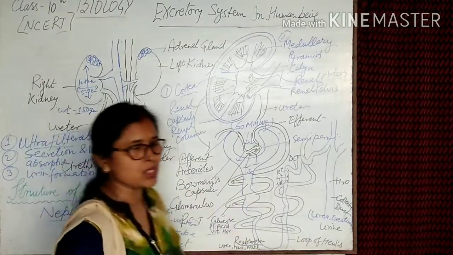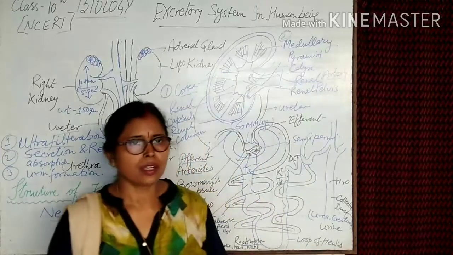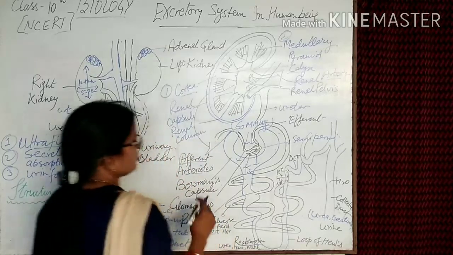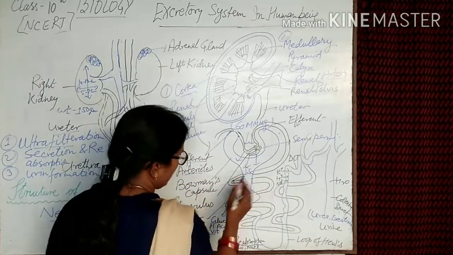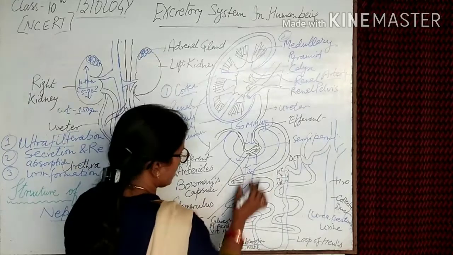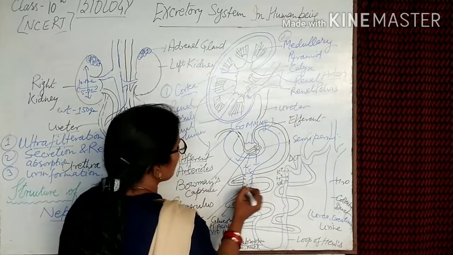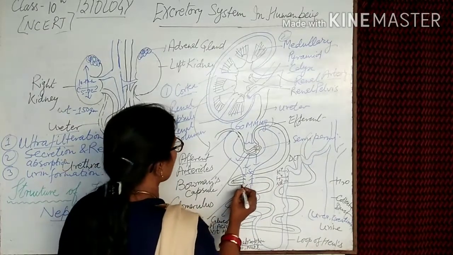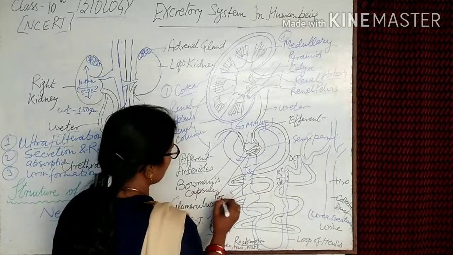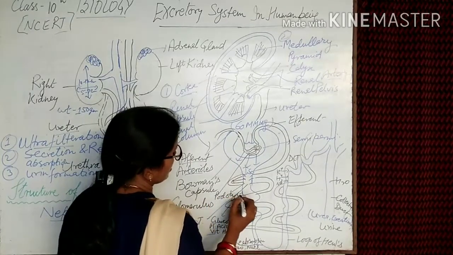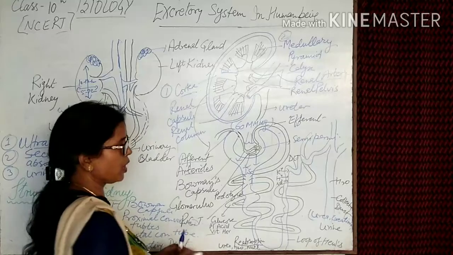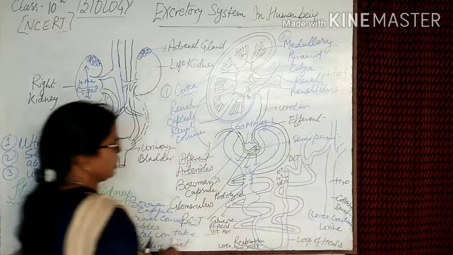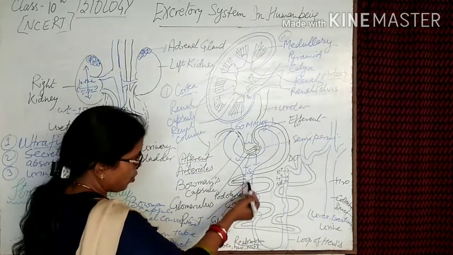Isotonic solution means the internal concentration and outer concentration are equal. Inside, the different type of epithelial cell of the kidney is known as the podocyte. Podocyte cells are responsible for the downward flow of filtrate.